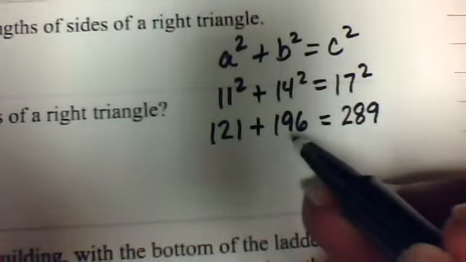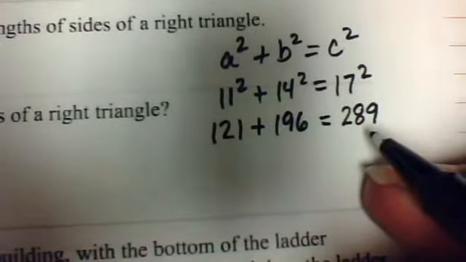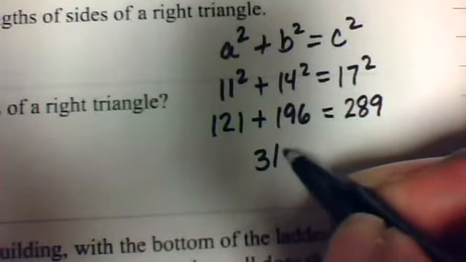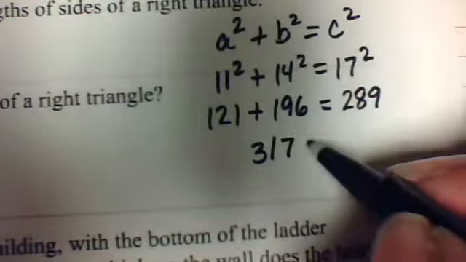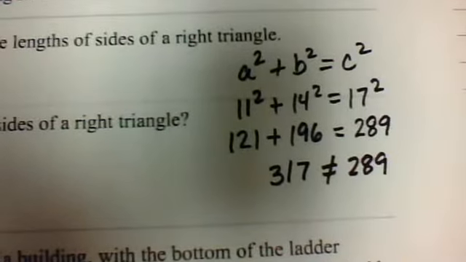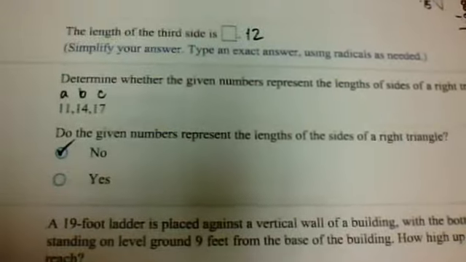So 121 plus 196 must equal 289. Now when I add this up, it's going to give me 317, which does not equal 289. So these numbers, 11, 14, and 17, would not represent the lengths of the sides of a right triangle.